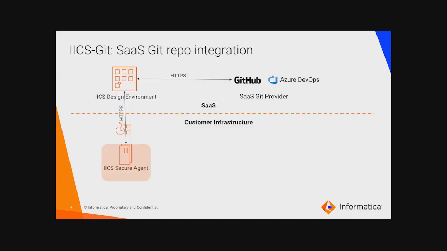The cloud-based Git repositories like Azure DevOps and GitHub will be connected through the IICS design environment, as shown in the diagram. User must have a source control license to use these features.